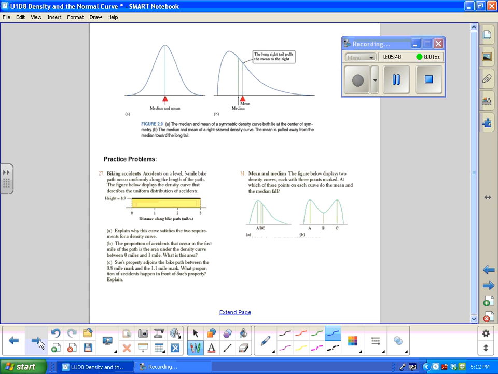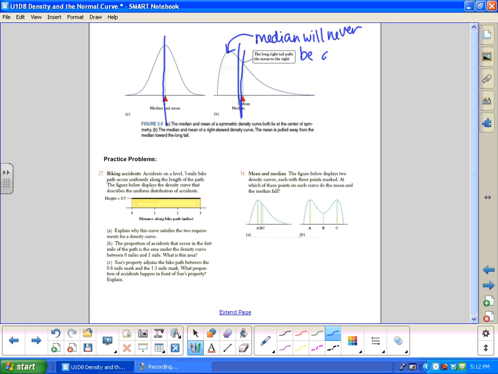This shows two different density curves, and here is the mean and the median for that one. Here is the median for this one, and obviously the mean is pulled closer to the tail. Now some people want to put the median at the peak, but the median will never be at that peak. It's always going to be a little off.